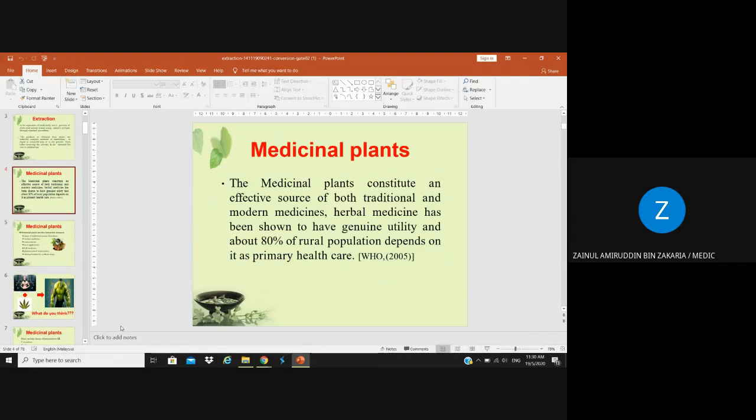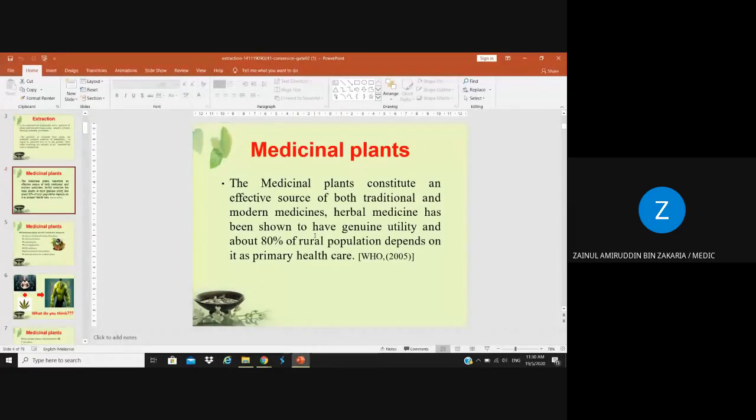So medicinal plants constitute an effective source of both traditional and modern medicine. 80% of the population have been known to use medicinal plants, especially in rural areas, whereby there are middle to low income people, for example in Africa.